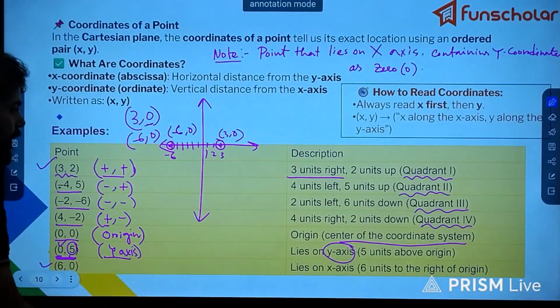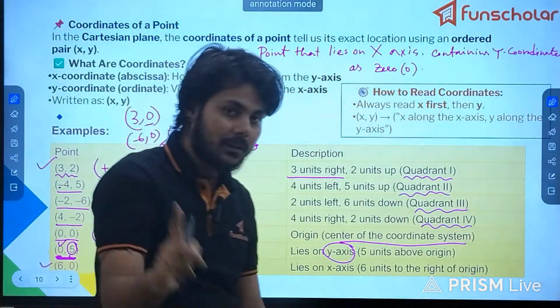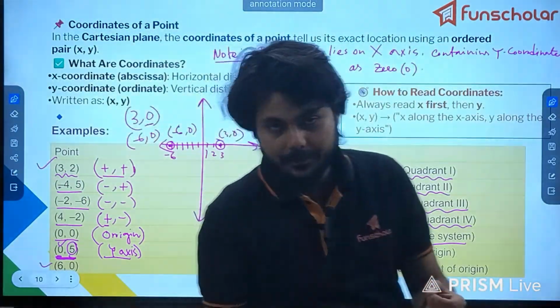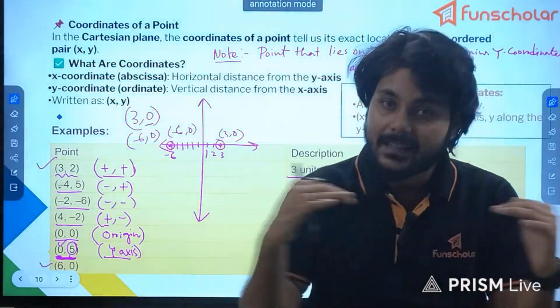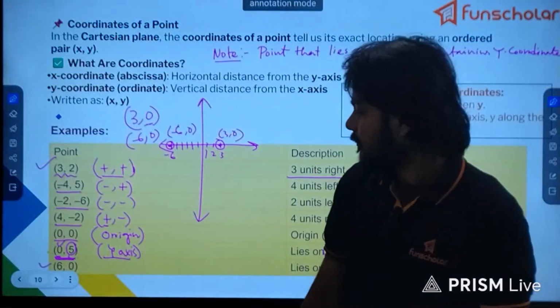A point that lies on the y-axis contains the x-coordinate as 0, and a point that lies on the x-axis contains the y-coordinate as 0.